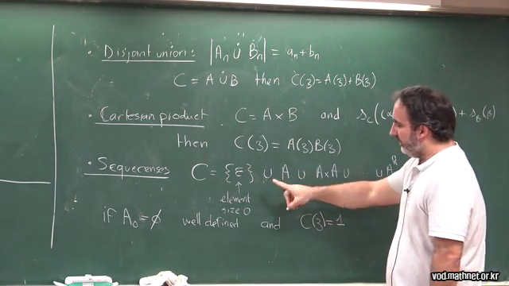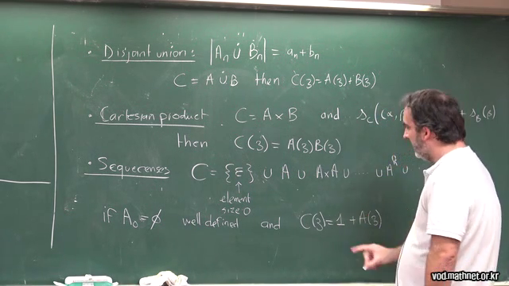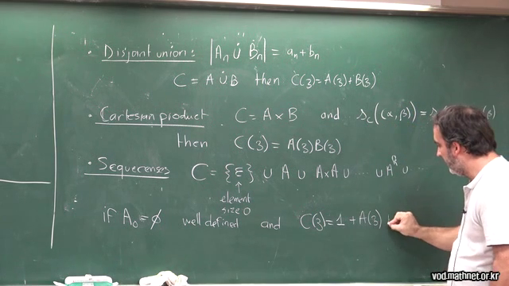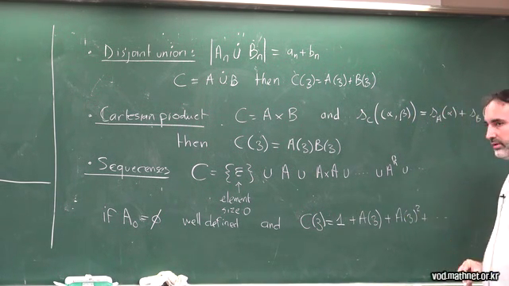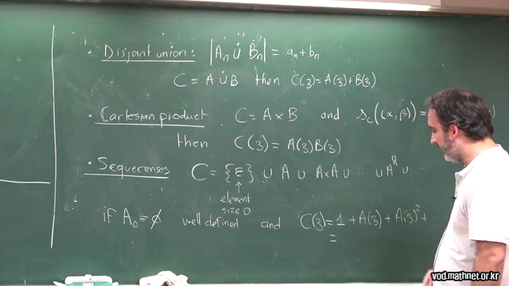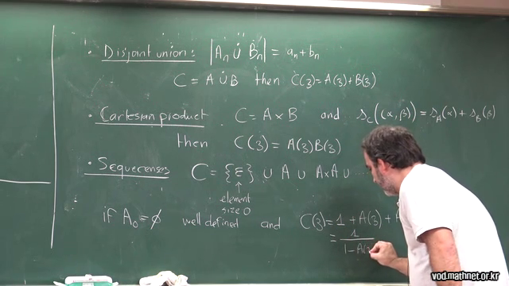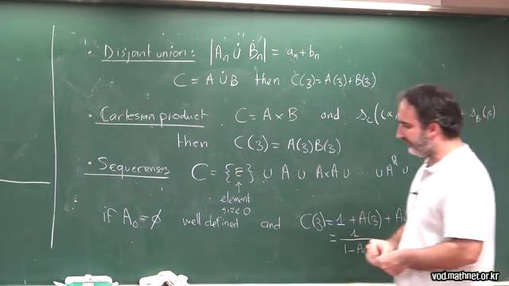This is a disjoint union, so this is A. This is also a disjoint union with a pair, and the pair is a product, and so on. It is well defined for formal power series too, so this is 1 over 1 minus A of Z.